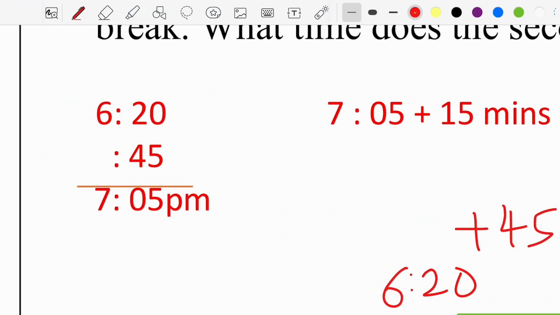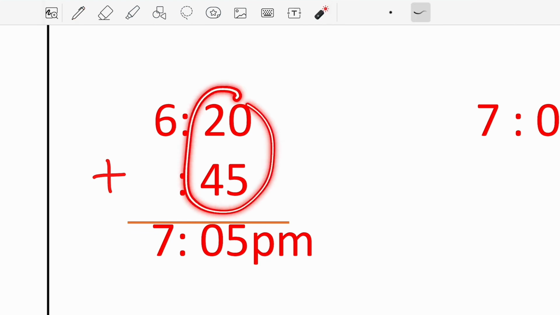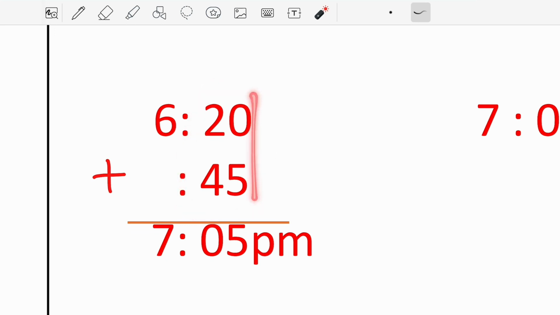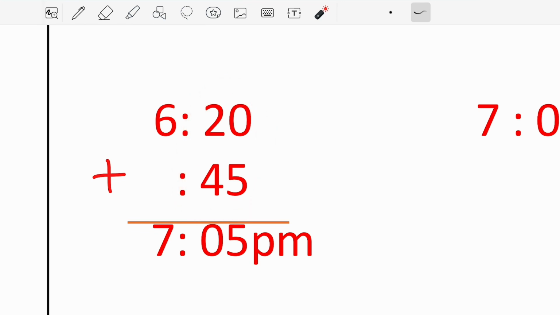So let's take a closer look at the addition. 20 plus 45. So we're going to add this as a whole, not one digit at a time. If we can see that this crosses 60, it means that we will put a number on the outside. 20 plus 45 is 65, which is more. Anytime it crosses 60, it means it's more than an hour.